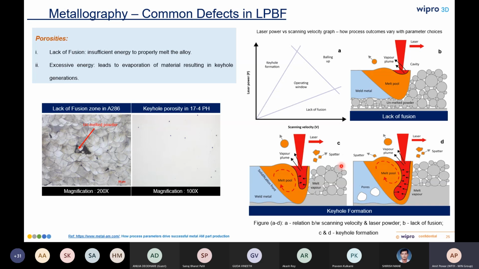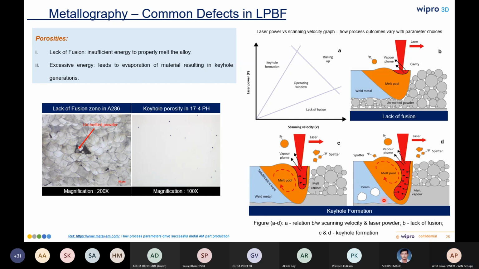Figures C and D show the keyhole formation phenomenon, where too much power is used for a given speed and we see excess penetration of the laser into the metal under the layer of powder. Because of this excessive energy, the melt pool can collapse on the cavity to form a pore of inert gas at the base.